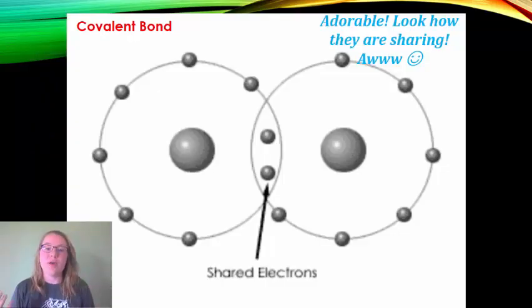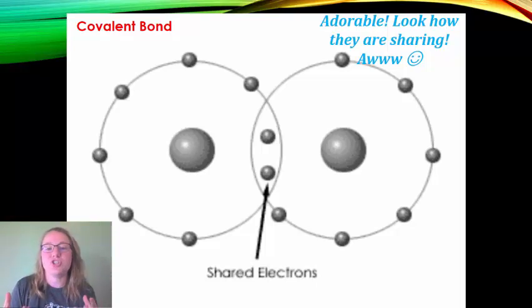So I have two atoms here, and it doesn't matter what kind of atom they are for this particular example, but both of them have 7 valence electrons that they call their own. And remember, both of these really want to have 8. So what happens is the two atoms get pretty close together, and then they each count one of the electrons from the other as their own.